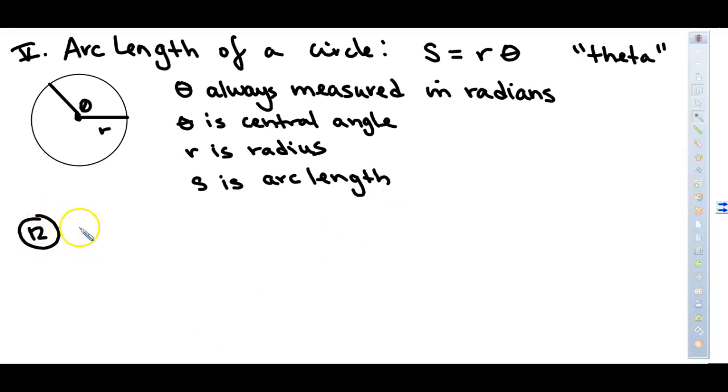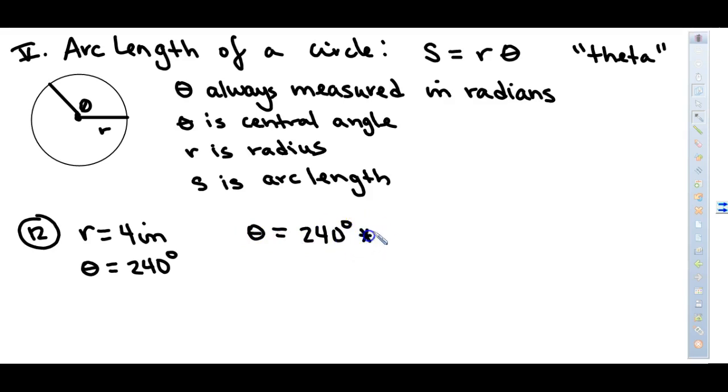Number 12, let's say that you have a radius of 4 inches and that theta is 240 degrees. Well, the first thing you have to do here is convert your degrees to radians. And remember, to convert degrees to radians, you multiply by pi over 180.